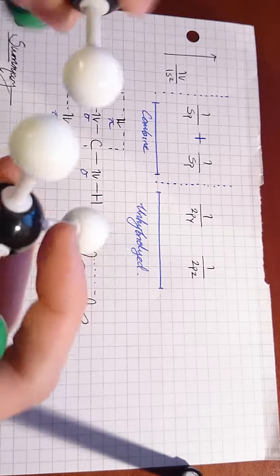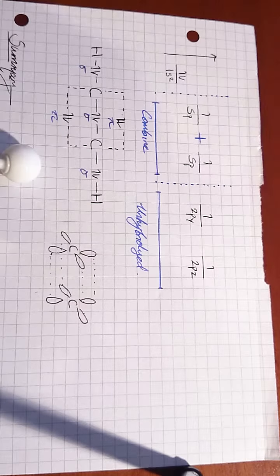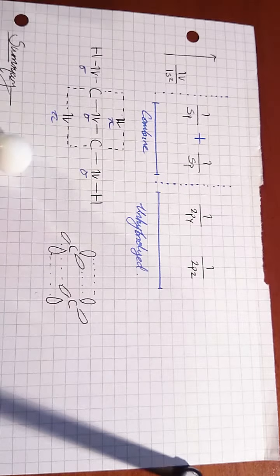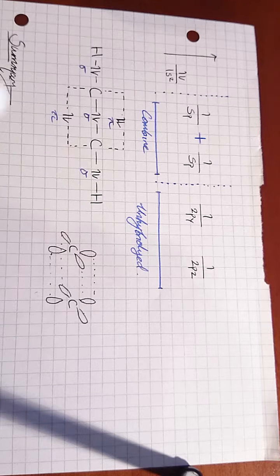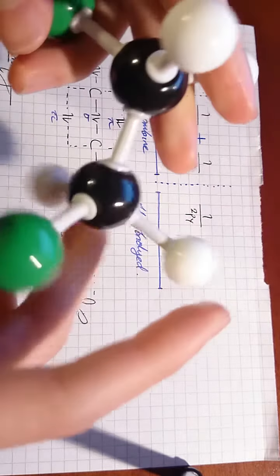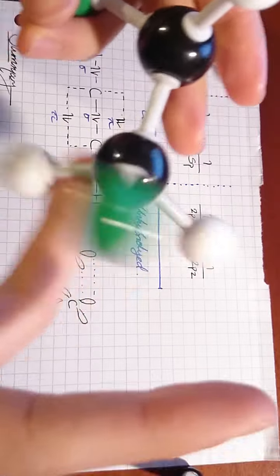For us to make an ethane molecule quickly, we have a degree of free rotation here.